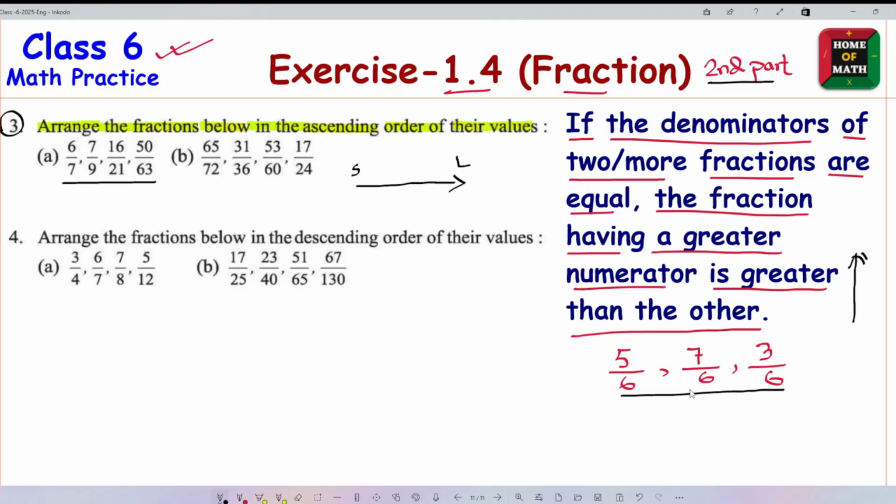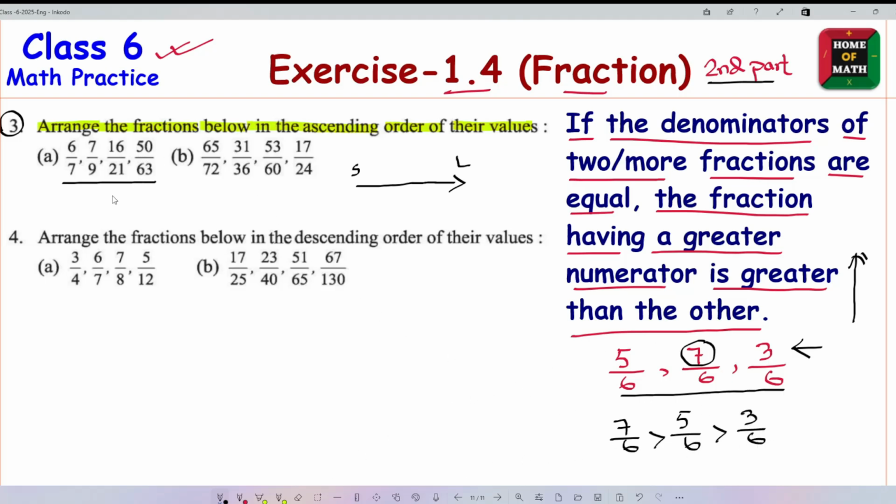Once denominators are the same, the fraction with the larger numerator is larger. So here 7 is larger. So 3 by 6 is less than 5 by 6, which is less than 7 by 6.